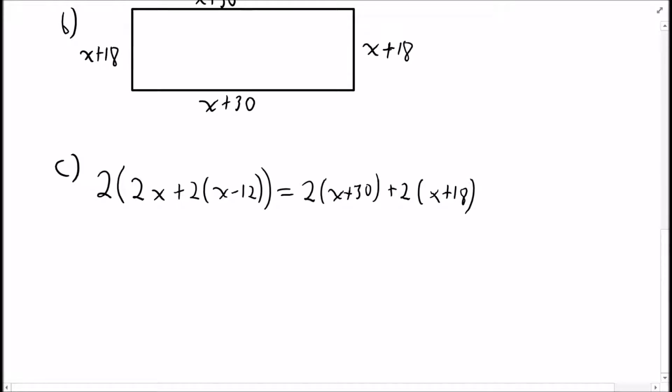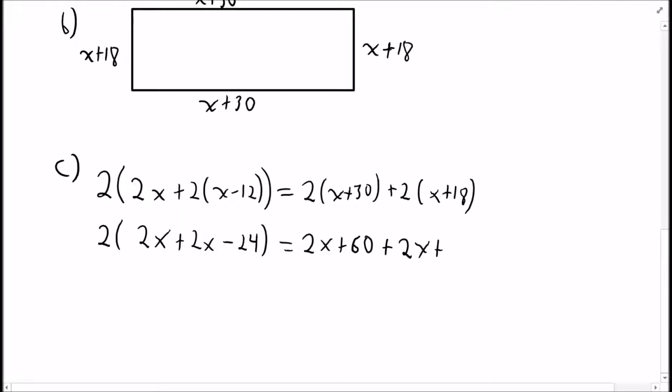Alright, so simplifying this down, we get 2 bracket 2x plus 2x minus 24 is equal to 2x plus 60 plus 2x plus 36.